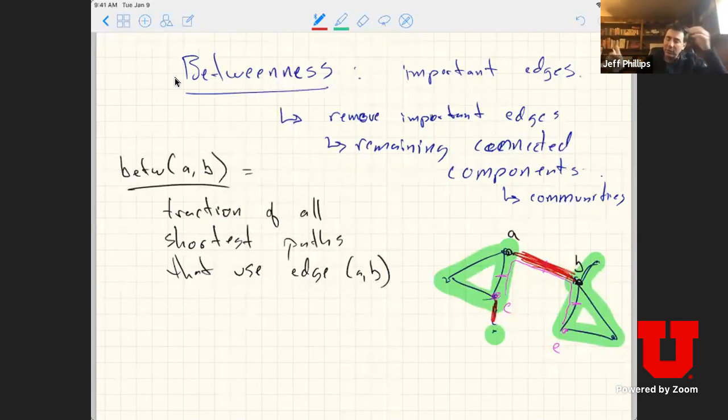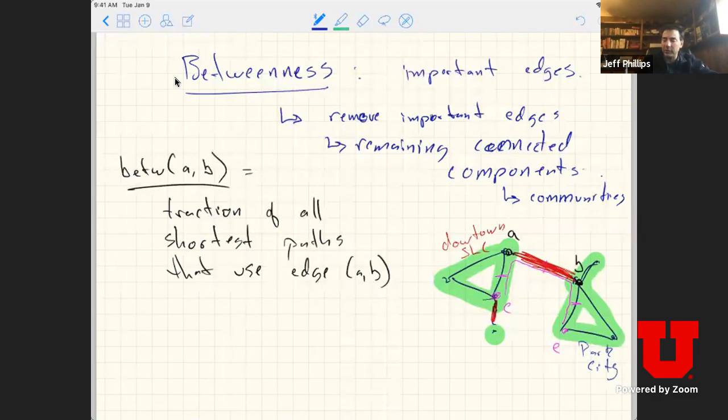So if I'm thinking of this group over here as downtown SLC, and this group as Park City, there are only a couple of ways to get between downtown and Park City, but once you get up there, there are lots of connections in between.